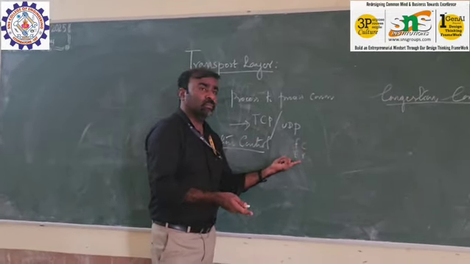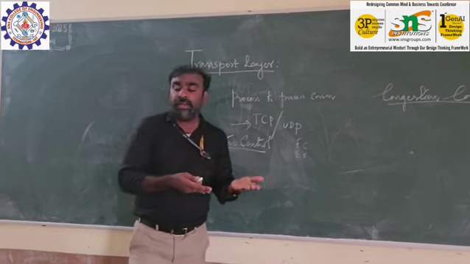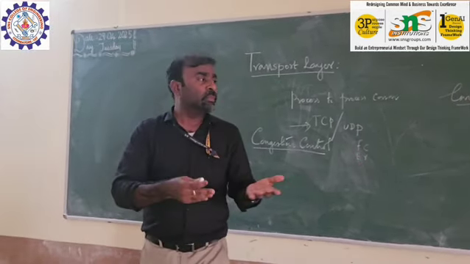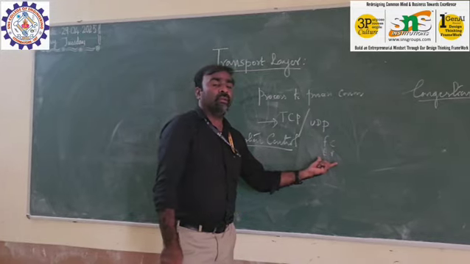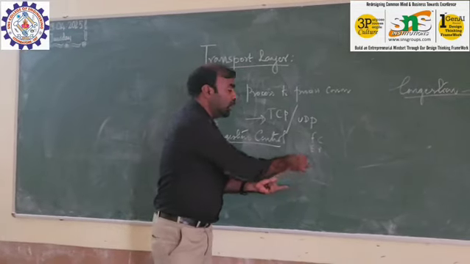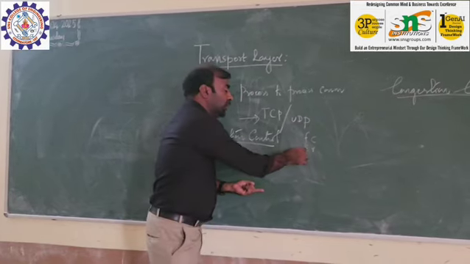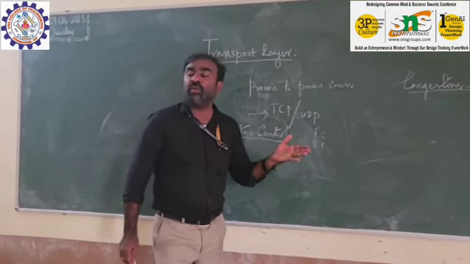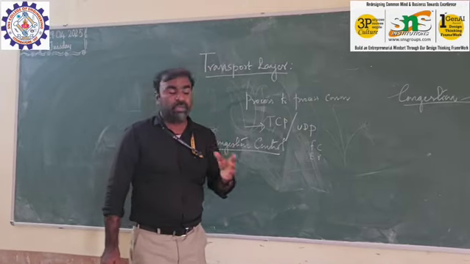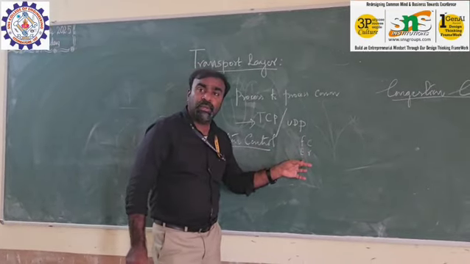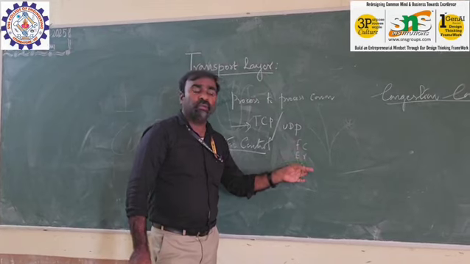Error control: here also you are sending data from source to destination. How are errors detected and how are they rectified? There is single bit error, two bit error, and burst error.